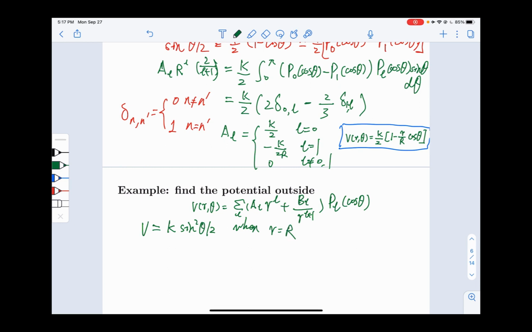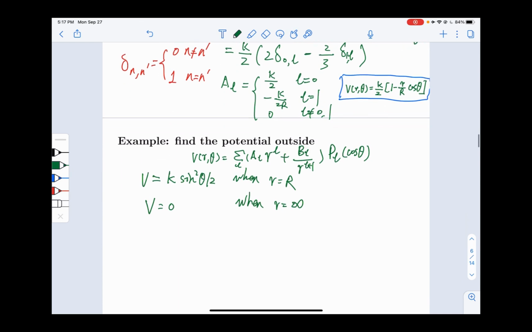And now because the problem includes the potential at infinity, another natural boundary condition is when r equals infinity. At that point V must be 0, because that's the typical reference point that we choose.